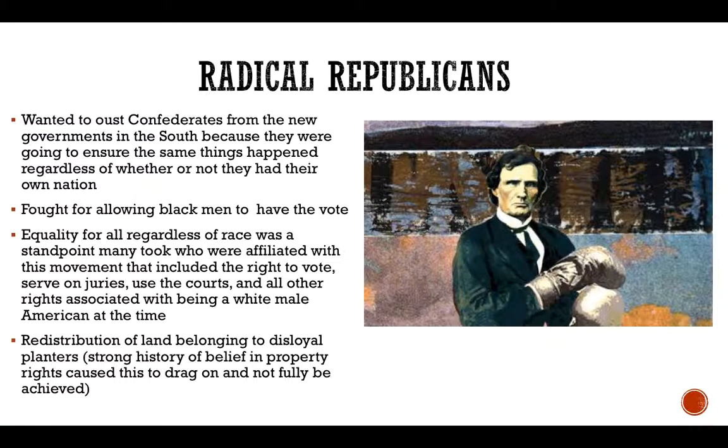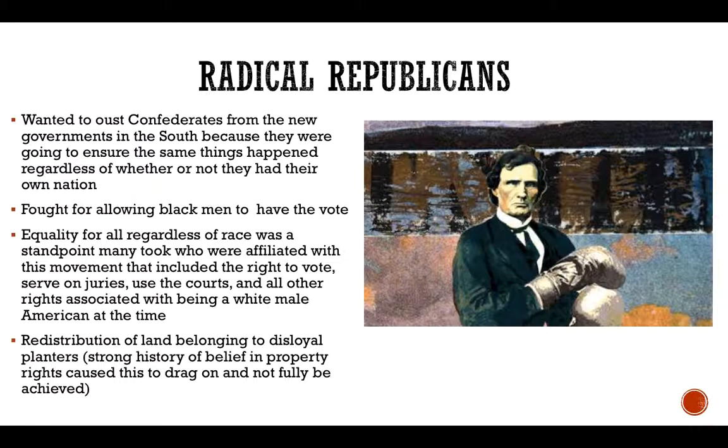There were a group of people at this point in the political sphere that called themselves radical Republicans. So what they were hoping to do was oust Confederates from the new governments in the South, because they were going to ensure that the same things happened regardless of whether or not they had their own nation.